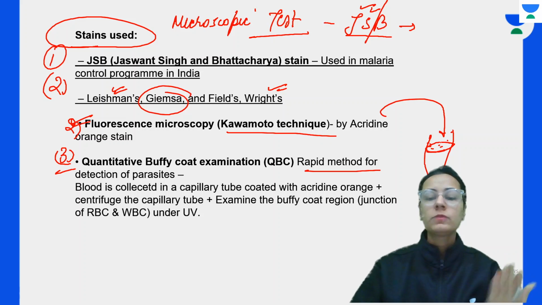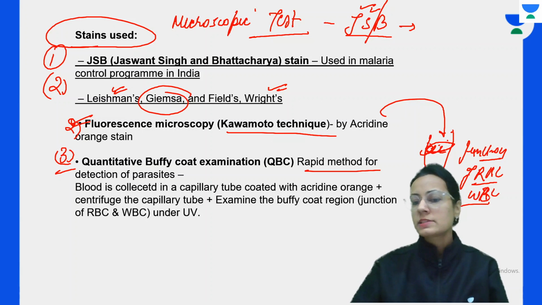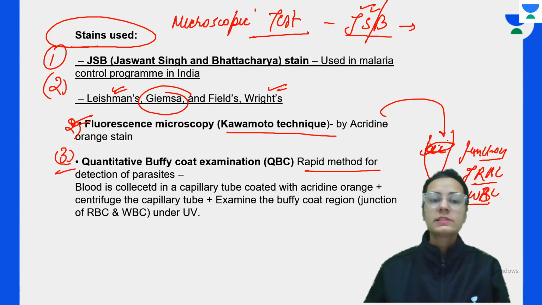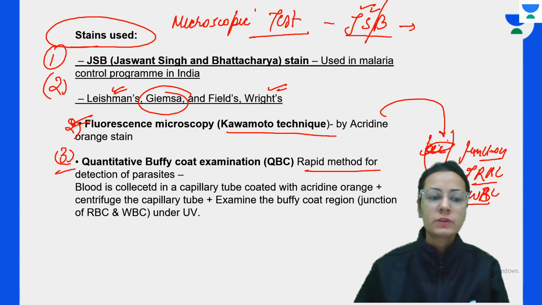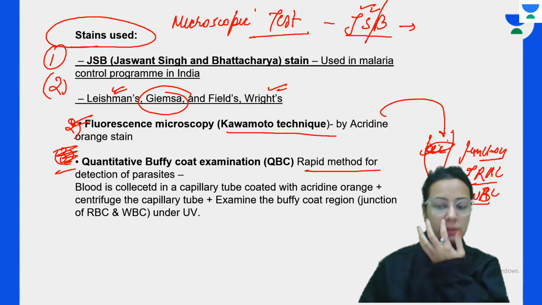We centrifuge the capillary tube and examine the buffy coat, at the junction of the RBCs and WBCs, where we get the parasites, that is the malaria. This is the quantitative buffy coat examination under the Kawamoto technique by fluorescent microscopy.